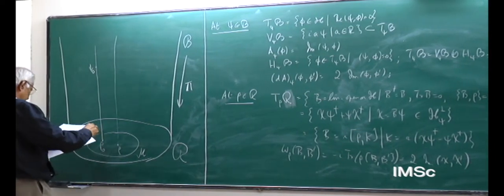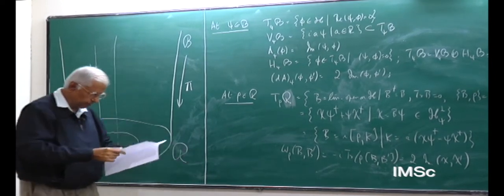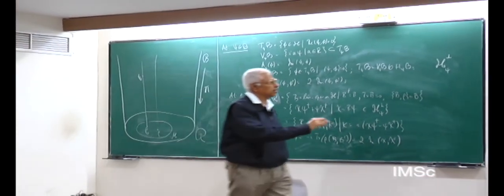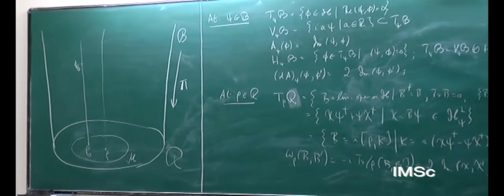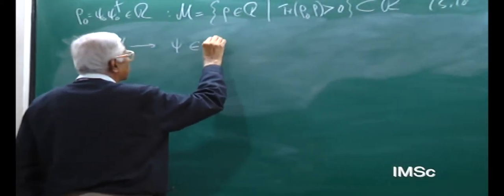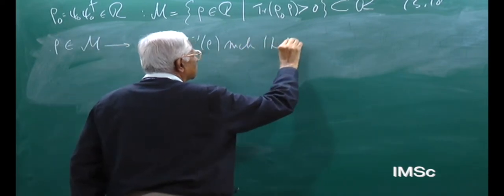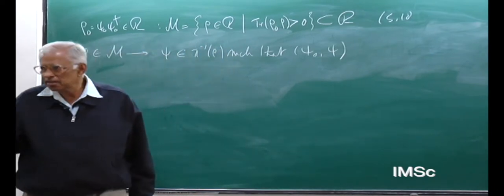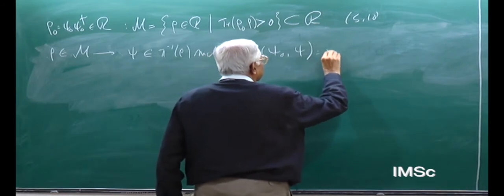So now what I can say is, take rho in this neighborhood, you pick a representative for it such that, well, you know that the psi 0, psi inner product has to be non-zero. That's the definition of the neighborhood, such that this is real positive.